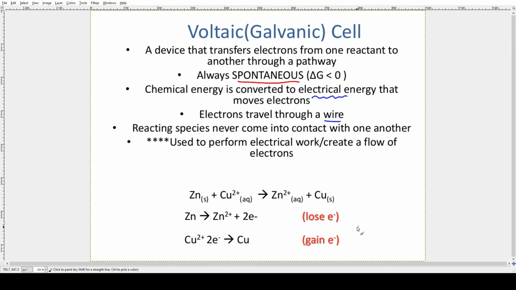Hopefully you paused and did that. If not, pause now. The one that lost electrons, I like to use OIL RIG. You could also use LEO says GER. This is oxidation, which is the reducing agent. This one was reduced, which was the oxidizing agent.